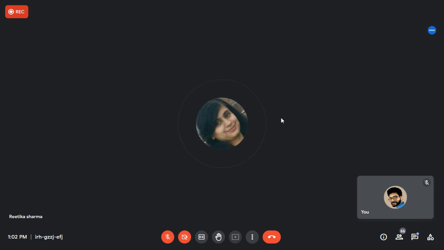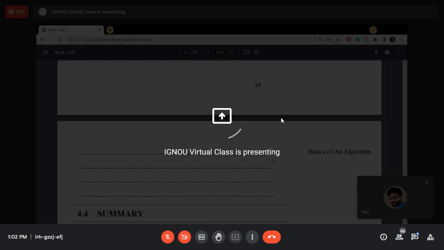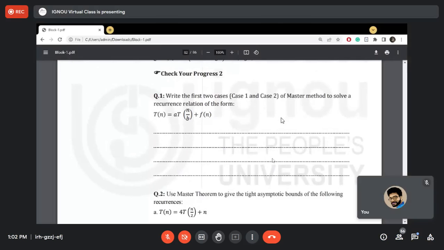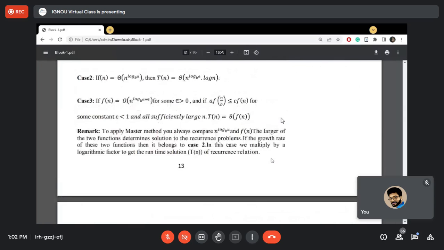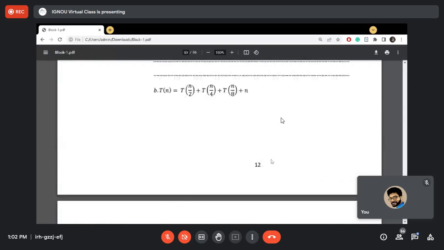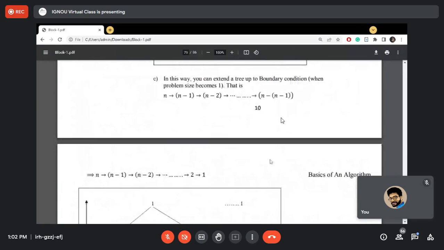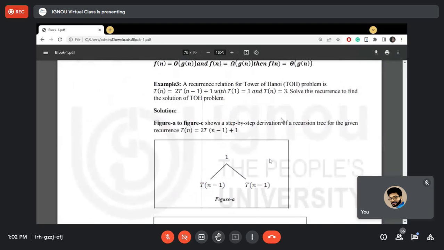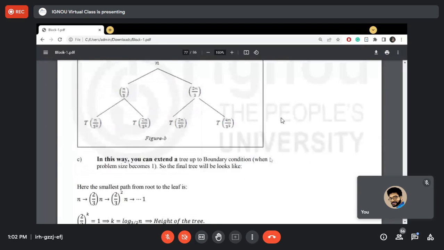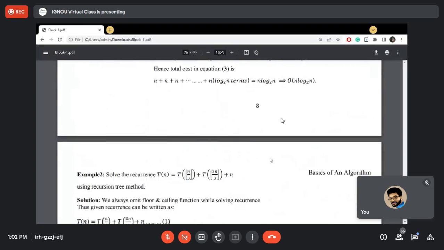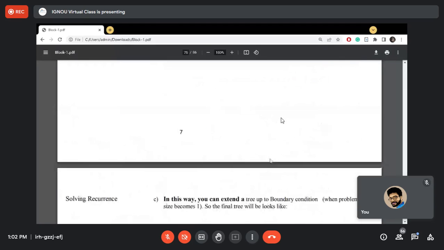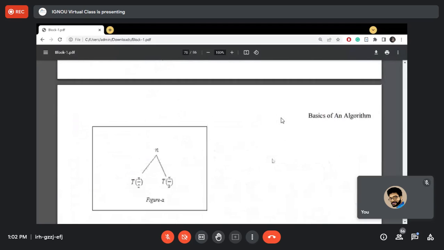So we have half our time left. That means we can do one more method. So we completed our master method. Have you heard about the substitution method in mathematics? Because the tree method is too long, so I'm not touching it right now. So let's start the substitution.